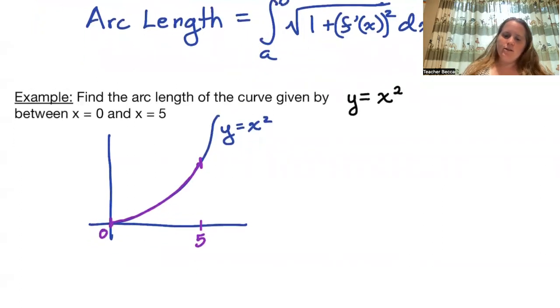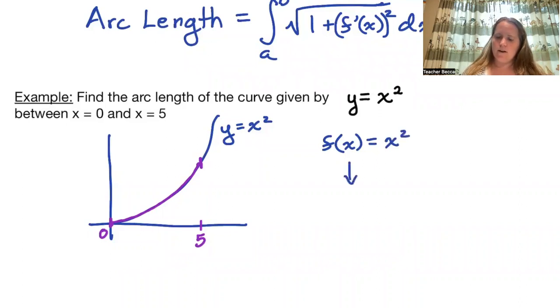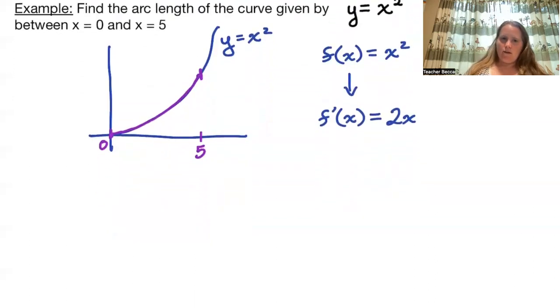So our f of x is x squared. That means that our f prime of x is 2x. Our a is 0, our b is 5.